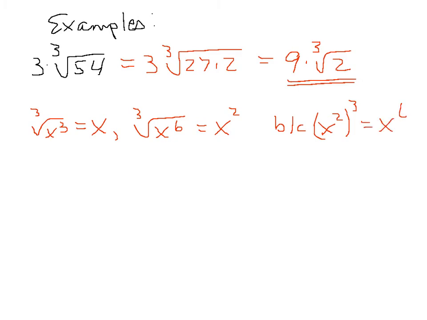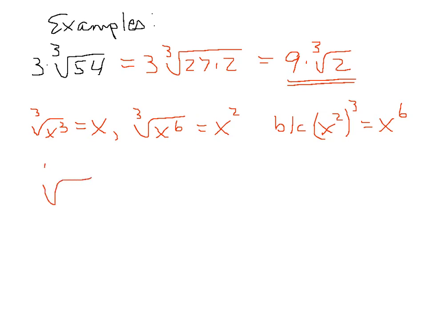Multiply. So the powers of x that you can take the cube root of are all multiples of 3. Just like the powers of x that you could take the square root of are all multiples of 2, which are even numbers. And the same thing with fourth root.